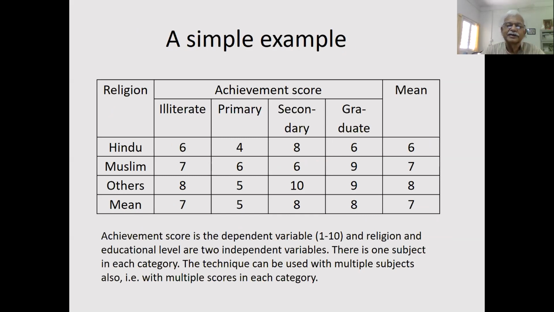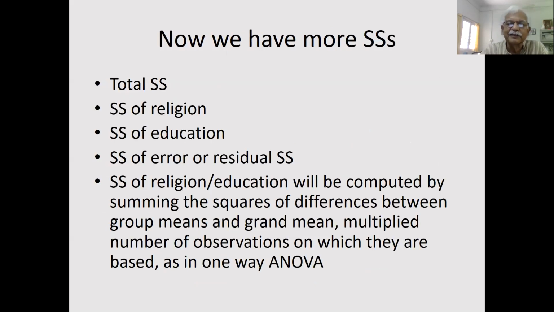And data for 12 respondents on achievement scores are given. Mean values are computed separately for religion and educational categories. And we want to test whether there is a difference in achievement due to religion or due to education, or whether there is an interaction between them.